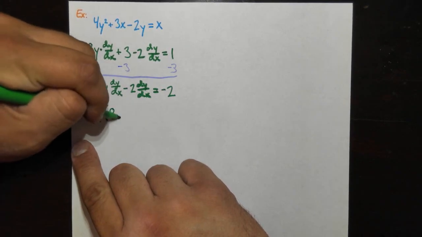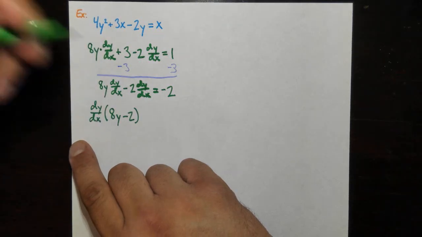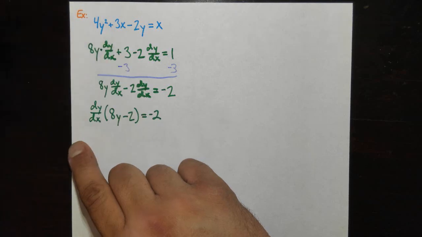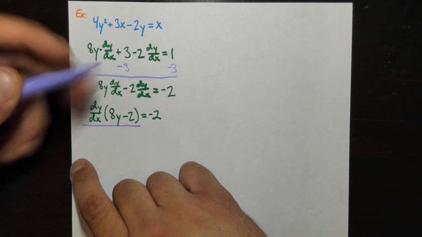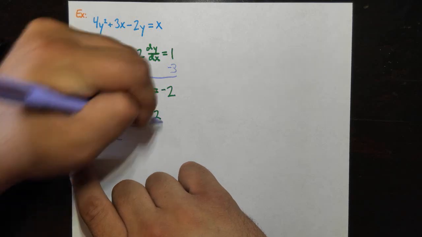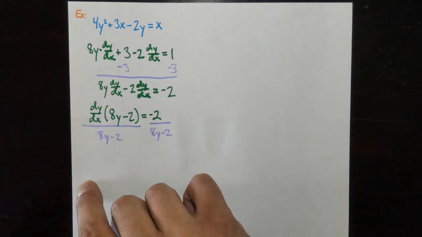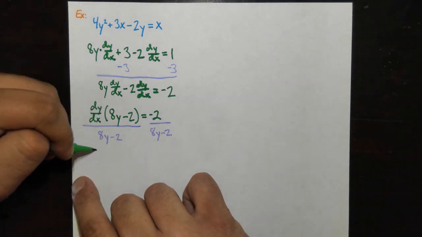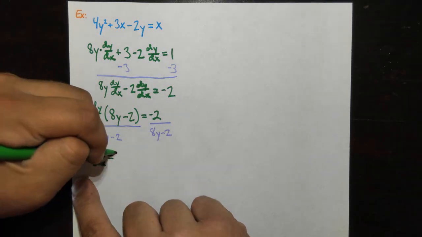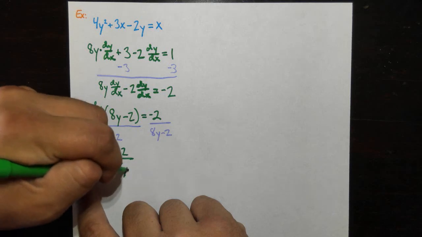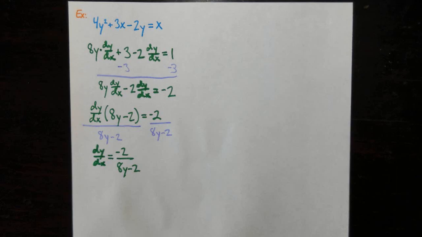That's going to give us 8y minus 2 on the inside, equals negative 2. And then divide both sides by 8y minus 2. So what we have left is dy dx is equal to negative 2 over 8y minus 2. And that is implicit differentiation.